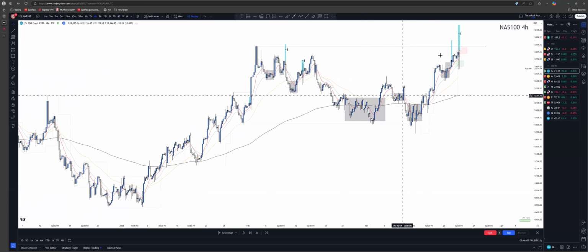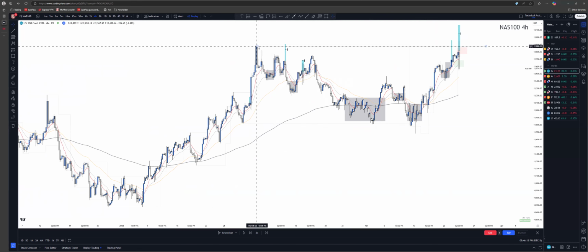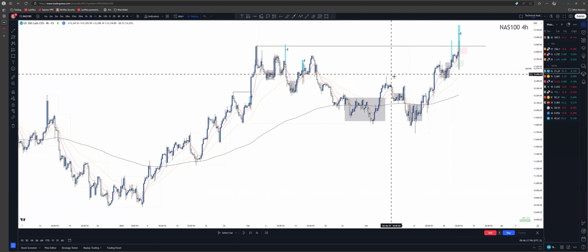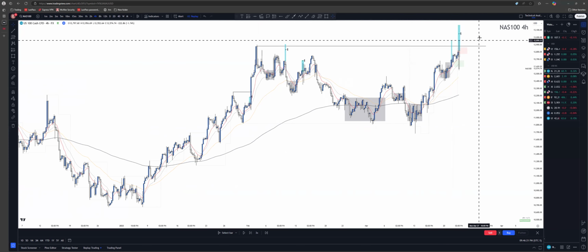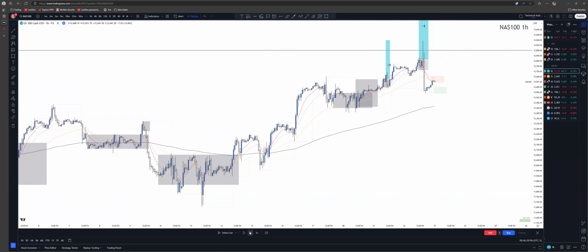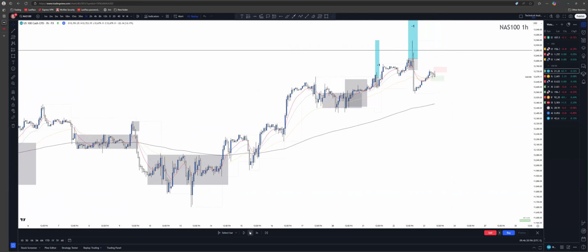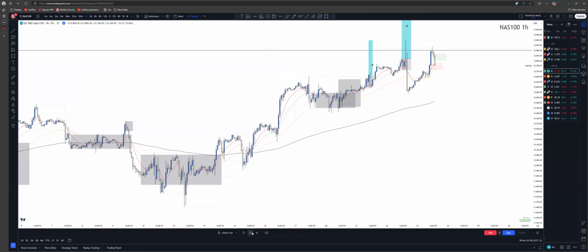And we did actually get a high taken out. So we look for reaccumulation for us to run above this high. So that's what we can look for on the 1 hour time frame. So we get some type of sideways move. I'll be happy to take a trade.